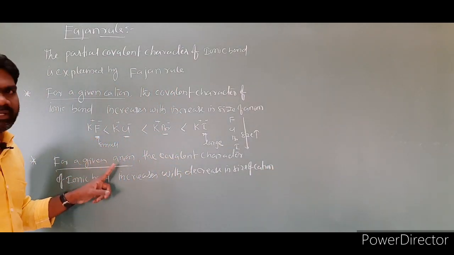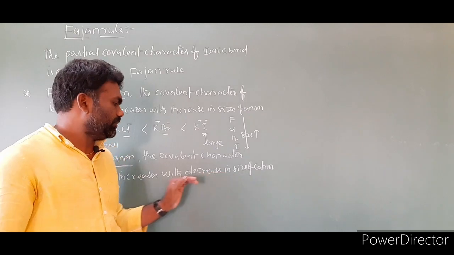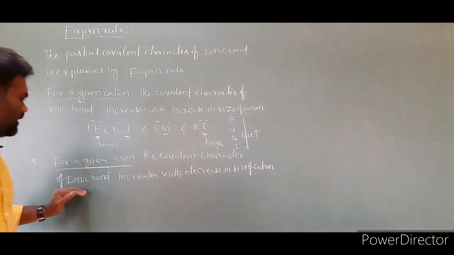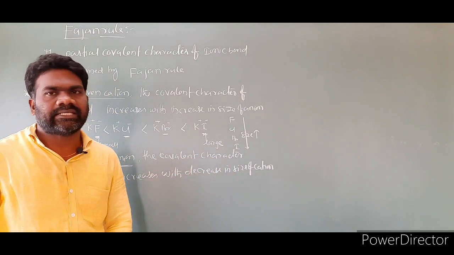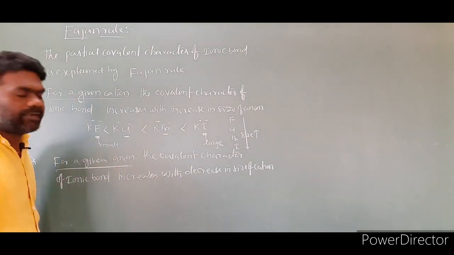So for a given anion, the covalent character of an ionic bond increases with decreasing size of the cation. Let us take one more example for better understanding.